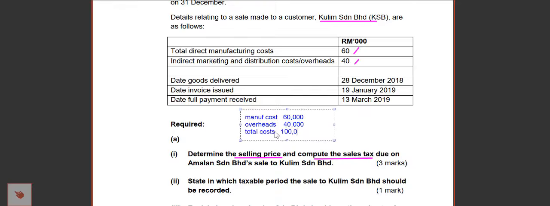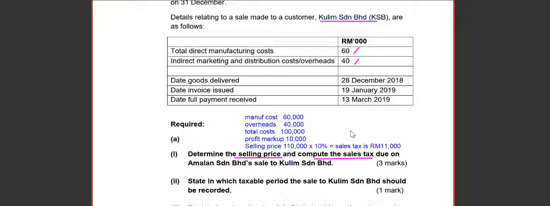Okay, and then your profit markup is 10%, so 10,000, so the selling price is 110,000, no? And sorry, I got no space, so I do like that, so times 10%, so the sales tax is 11,000. Okay, can get that? Very simple, right? 3 marks. What's so difficult? Free.